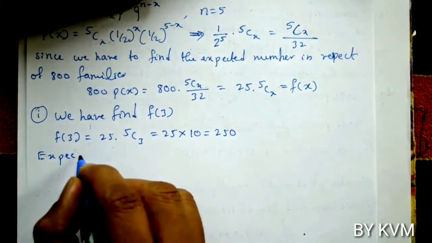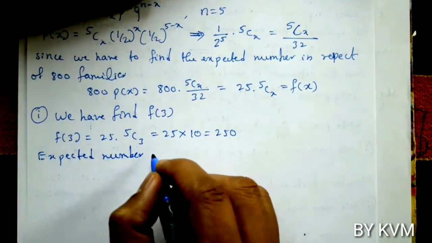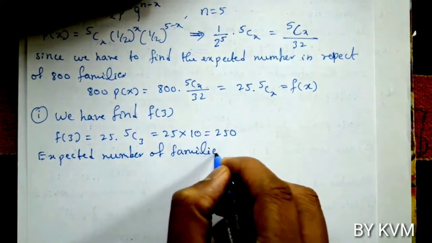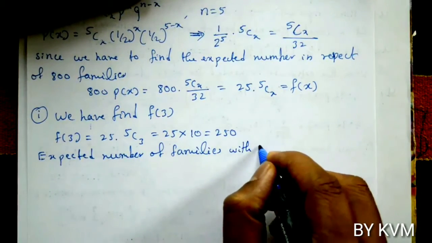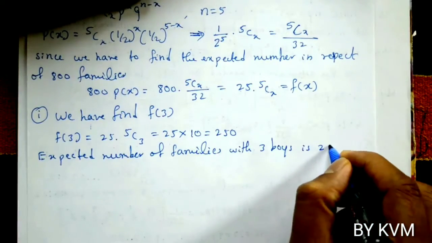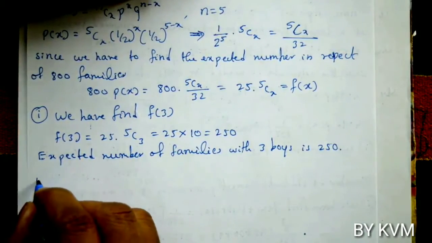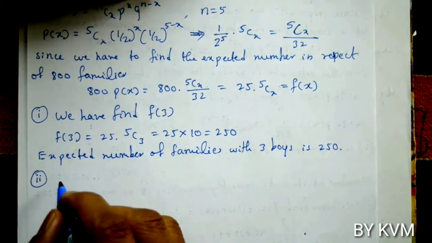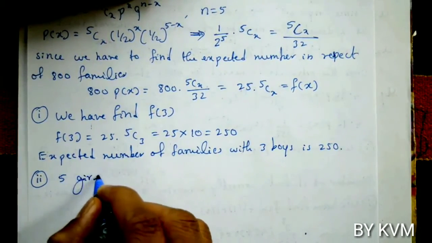So, the expected number of families with 3 boys is 250. So, this is we are calculating for 800 families. So, the expected number of families, that is 800 families, with 3 boys is 250.